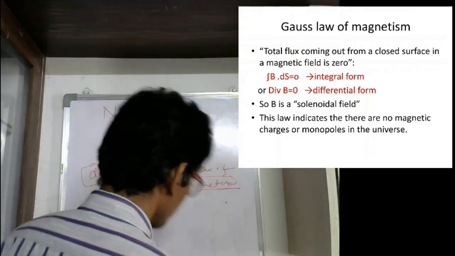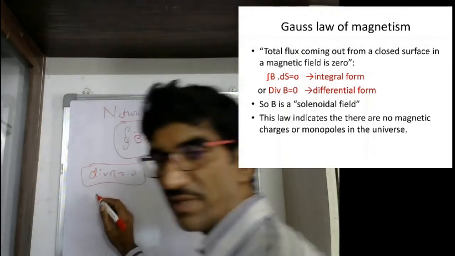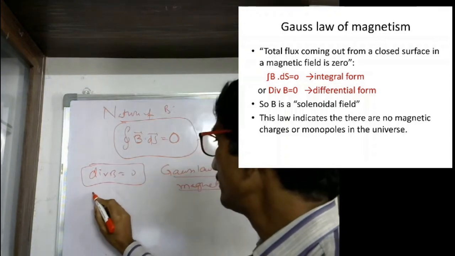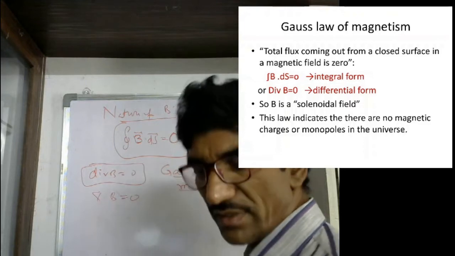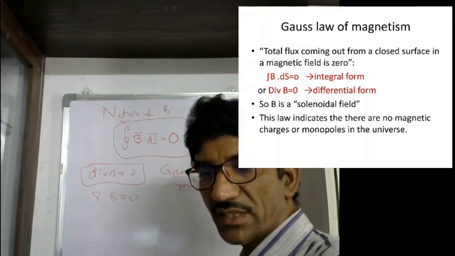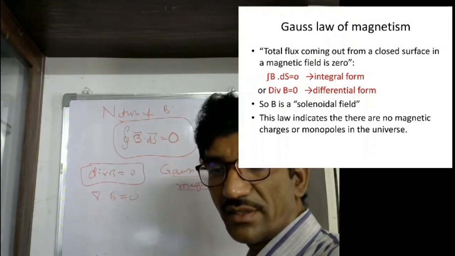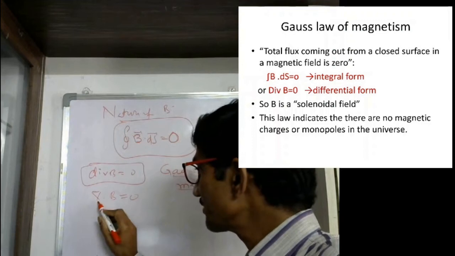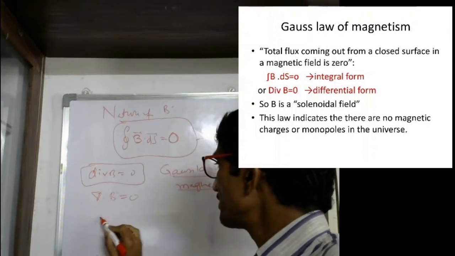What is this form? Here div B means del dot B. In electrostatics, we got the formula del dot E is equal to rho by epsilon naught. Here, in magnetostatics, we have the formula del dot B is equal to 0.